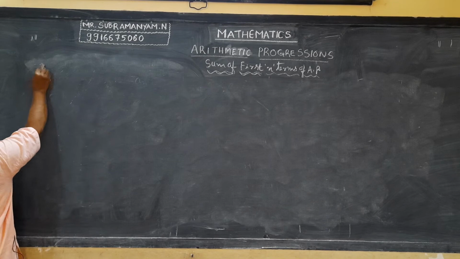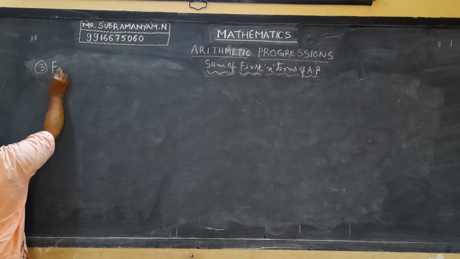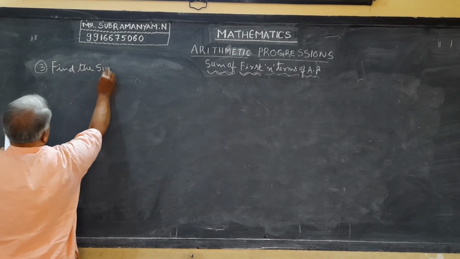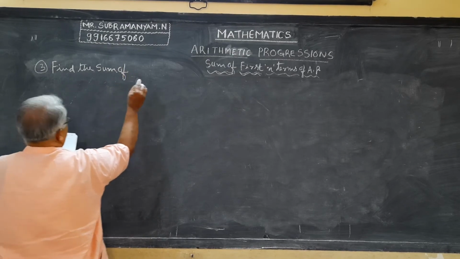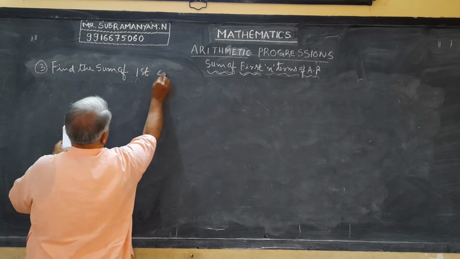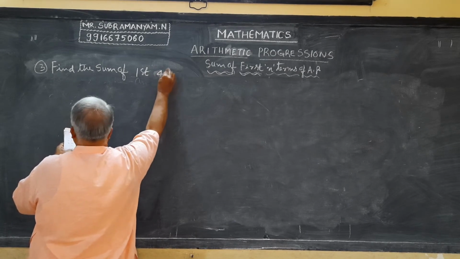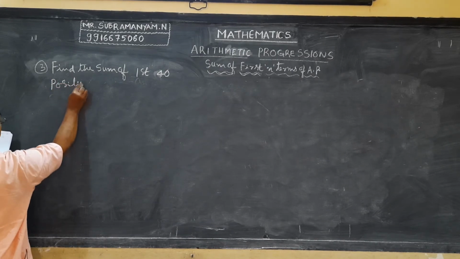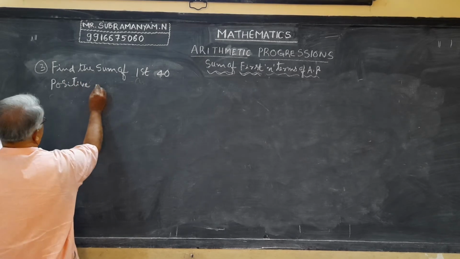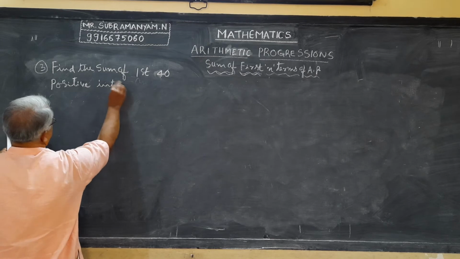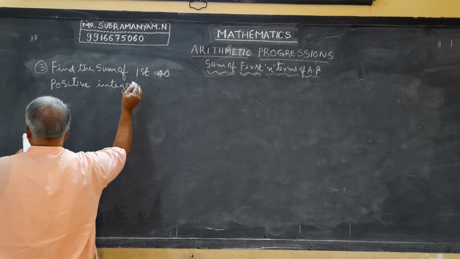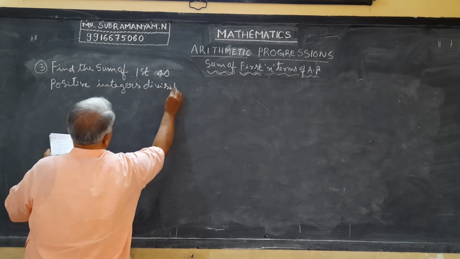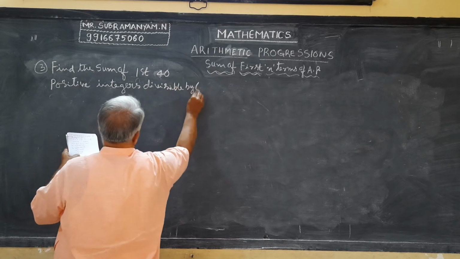Third question. Find the sum of first 40 positive integers divisible by 6.